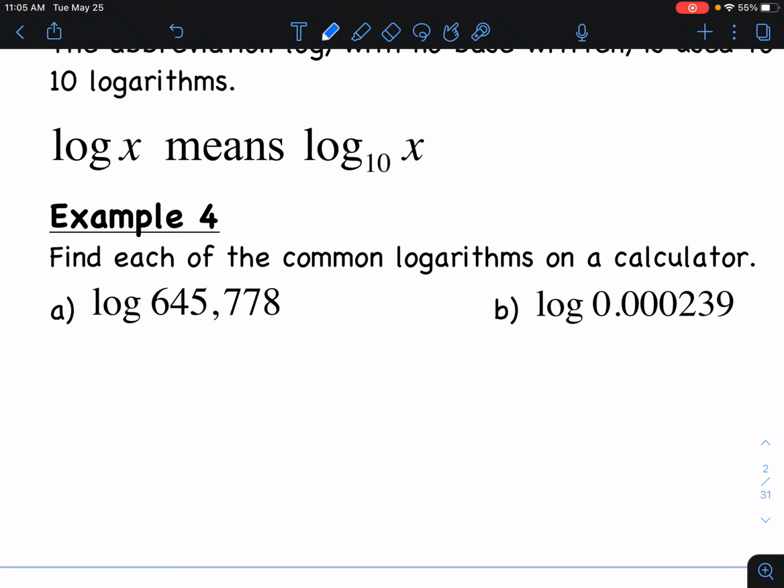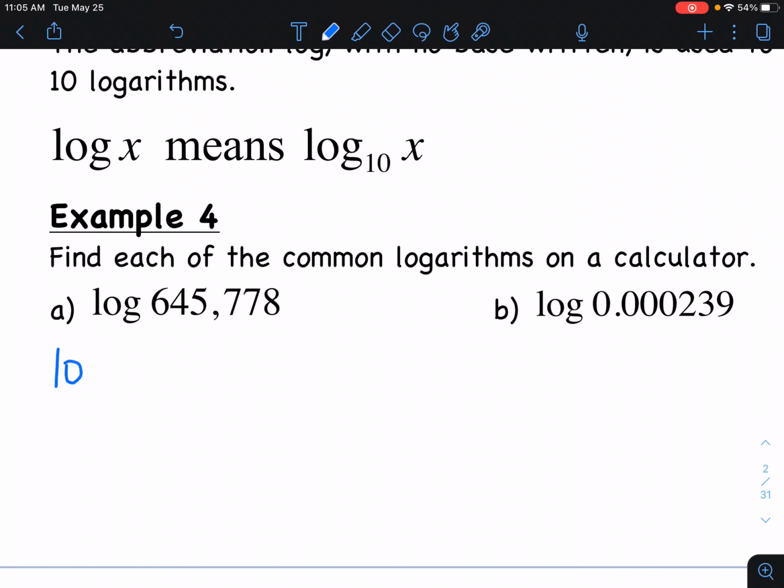So calculators do common logs. If you locate a calculator, say on your iPad, or if you have a scientific calculator, I'm actually working with a TI-30. On my calculator, there is a log button, and it opens up parentheses.